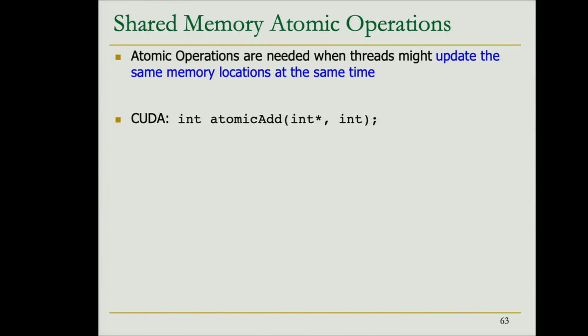Atomic add, where I have one element in memory. I have a pointer here, and in this memory position, I want to add this integer in this case. This is the syntax for integers, but they also work for floating point, double precision, and so on.